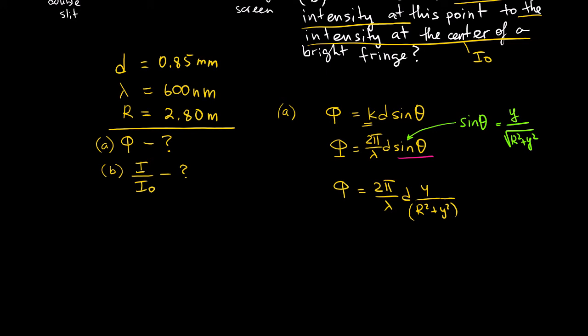If we take a quick look at this expression, r squared plus y squared, y is in the range of millimeters, right? So r is in the range of meters. If you add a 0.85 millimeters term, when you square it, this term becomes really close to zero. So it can be neglected.